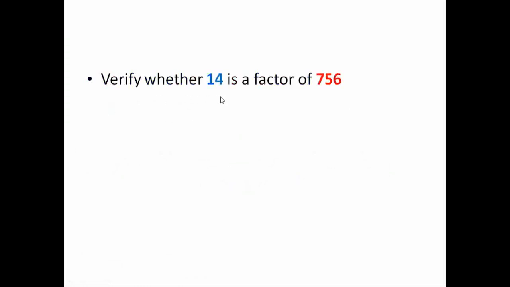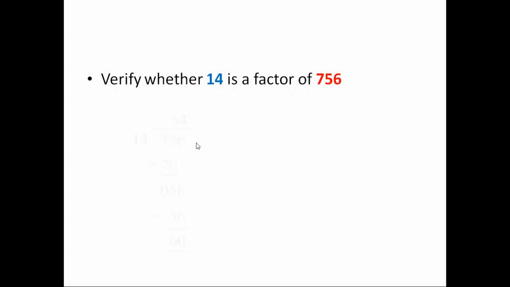Verify whether 14 is a factor of 756. If 14 is a factor of 756, it means I have multiplied 14 with some other number to get 756. It means if I try to divide 756 by 14, it should be completely divisible. And if it happens to be so, then we can say that 14 is a factor of 756.